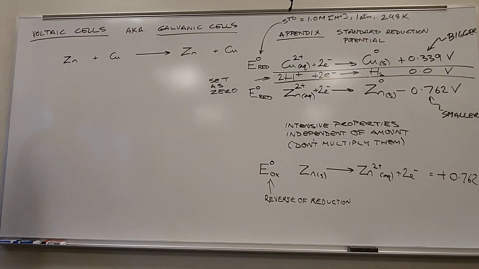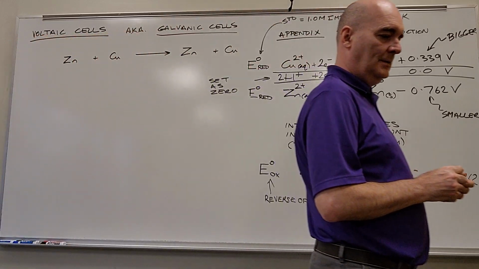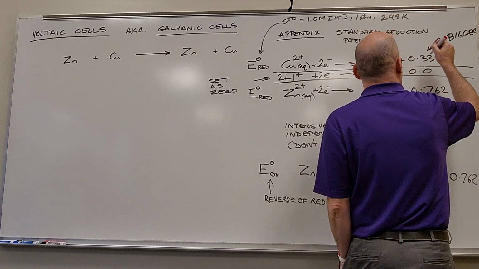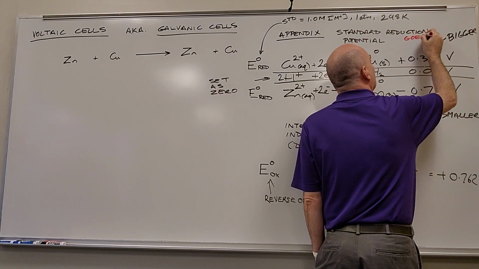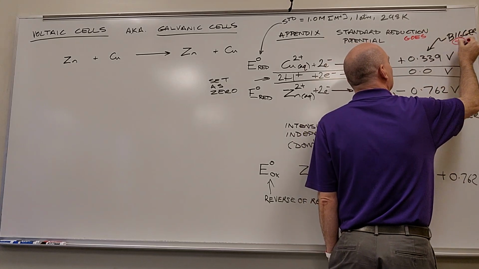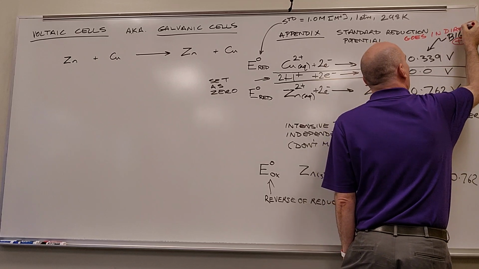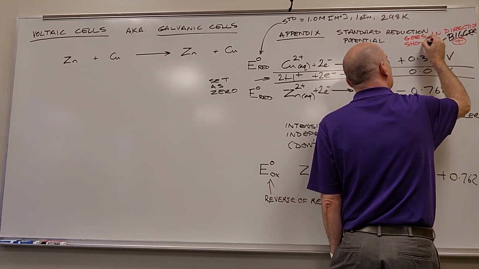Okay, I have a big number and a little number. What does that mean? Big positive number and a negative number. The positive number means the reaction goes in the direction shown.